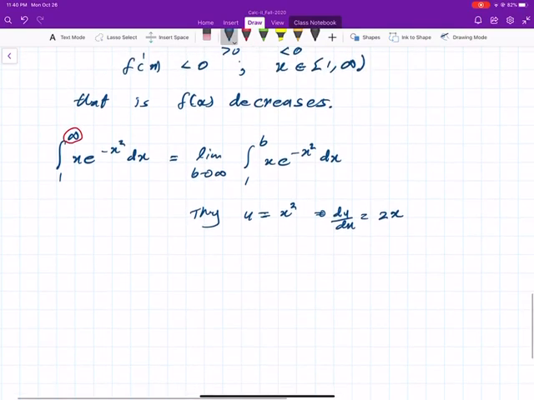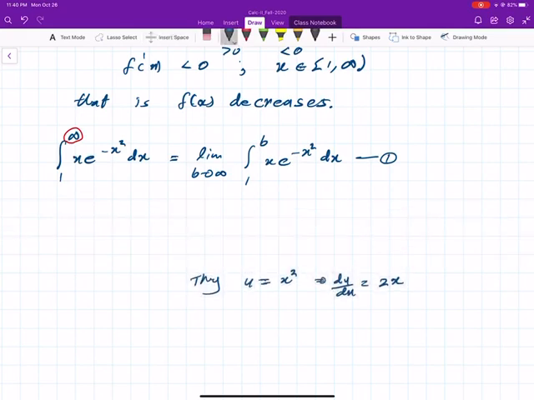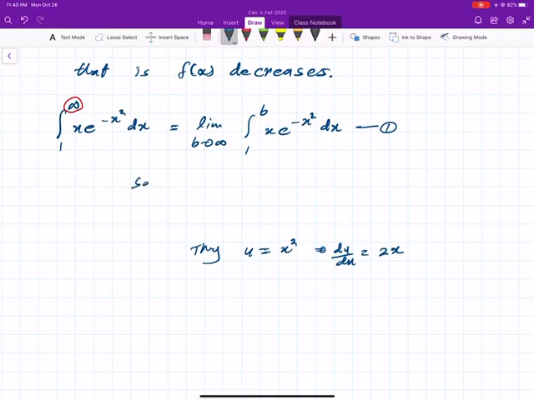First of all, let me take this as equation number 1. Let me separately solve the integral part without the limit part.